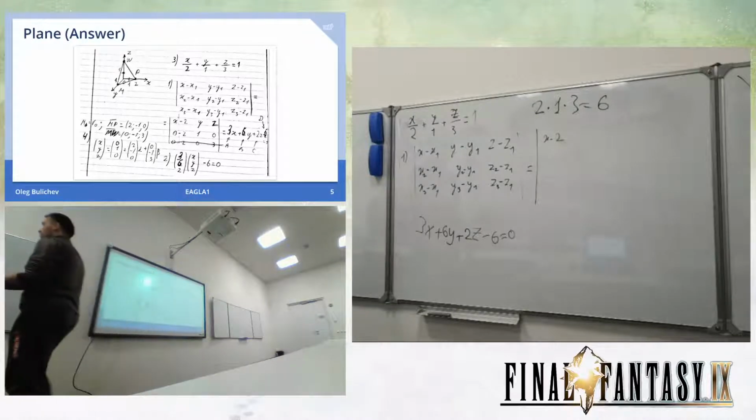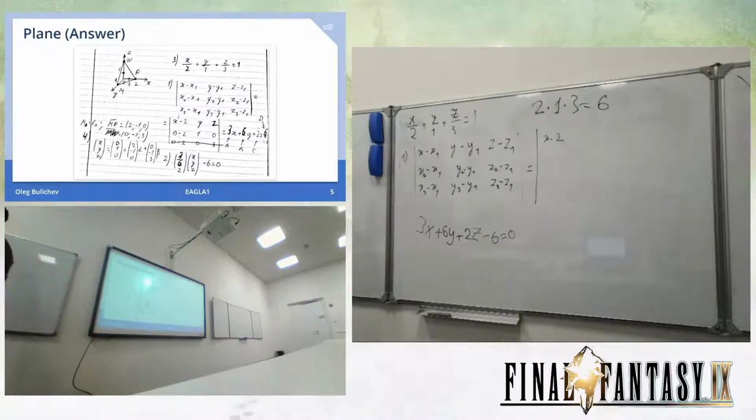We have 2, 1, and 3. What are we trying to do? We try to find what? So the main goal is to eliminate something. Am I right? Yes.